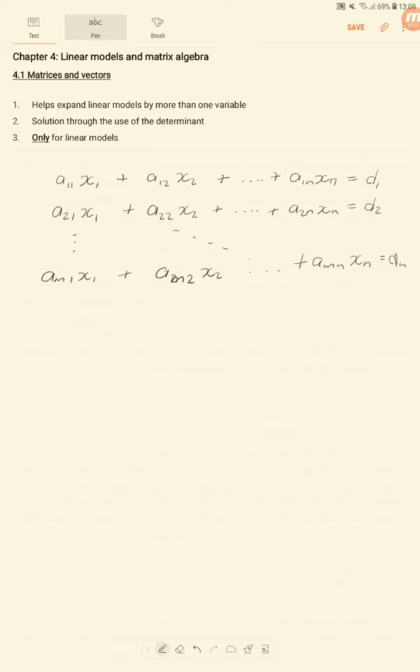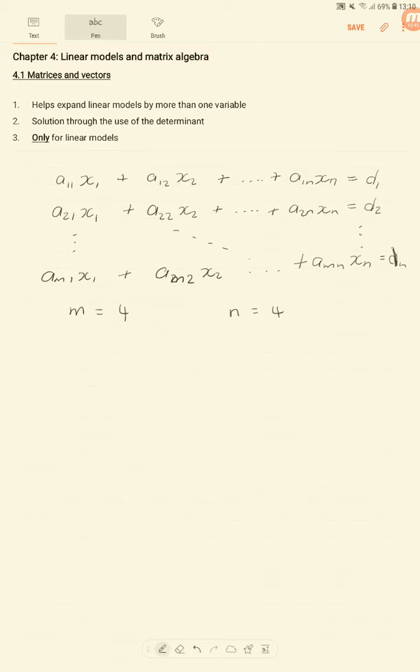So if you consider that you have 4 products, so n would be equal to 4, and 4 individuals, and you try to solve these equations using simple algebra, it will take a very long time, because you would first have to set d1 equal to x1. You would have to replace x1 into d2's formula, then get a solution for x1 and work backwards multiple times to solve all your unknowns. Matrix algebra gives us a quicker solution.